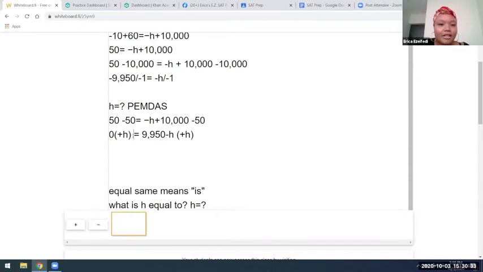So you can kind of see we're thinking in terms of left of the equal sign versus right of the equal sign. So on the left side of the equal sign, now that we've added h, what do we have next, Anisha? Like, let's just write it out like what we have.